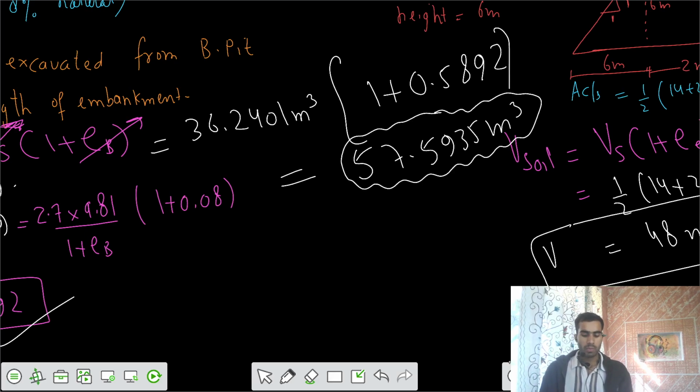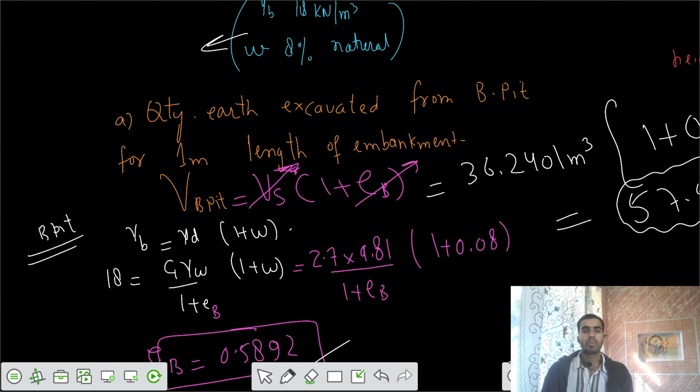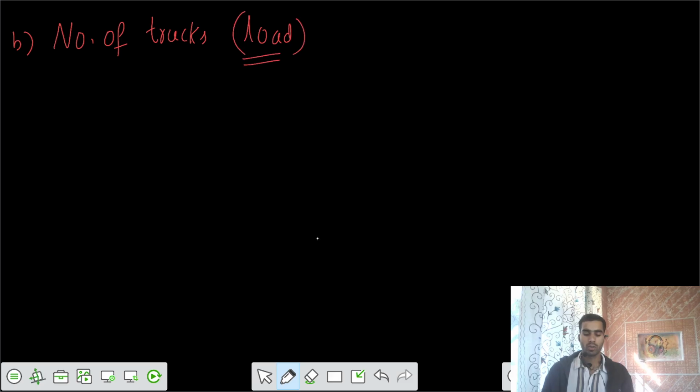Now let's come to the second part of the problem. The second part of the problem says to calculate how many trucks we need, how many trucks we have to load, for 1 meter of embankment, that means for 48 meter cube of volume in the embankment.